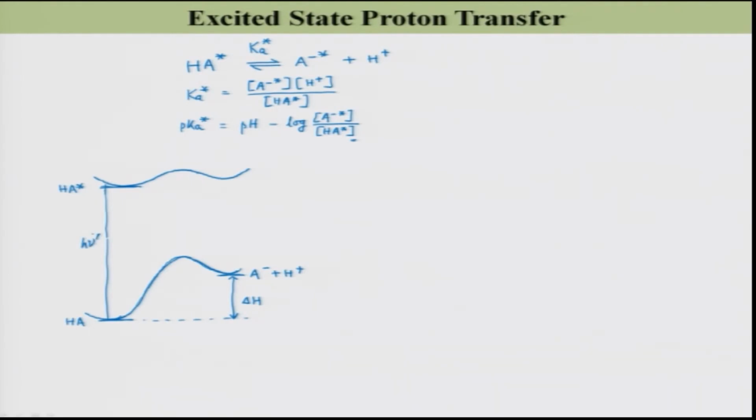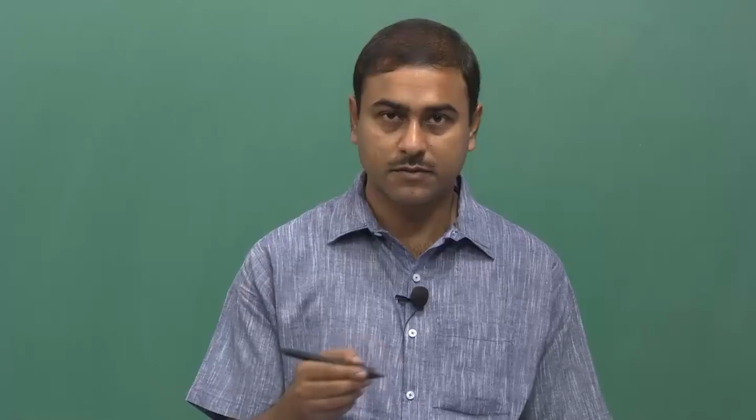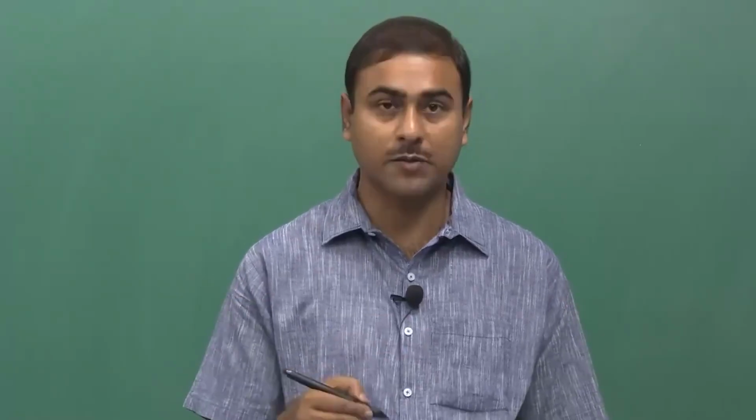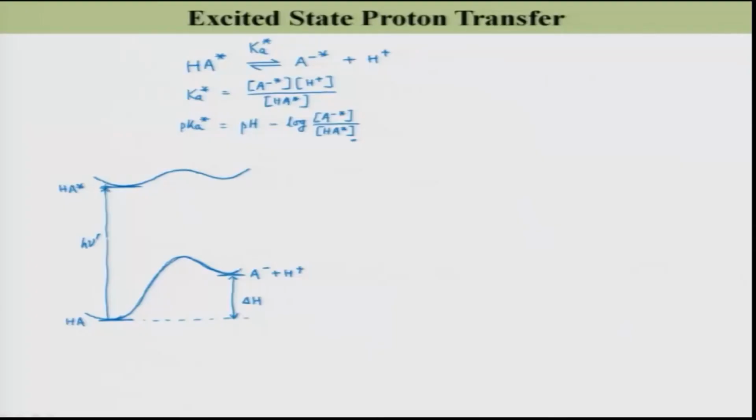This h nu prime, or nu prime, is the maximum frequency for this absorption, right. So, you can excite the system from here to here, and this energy difference, let us say, is delta H star, right.